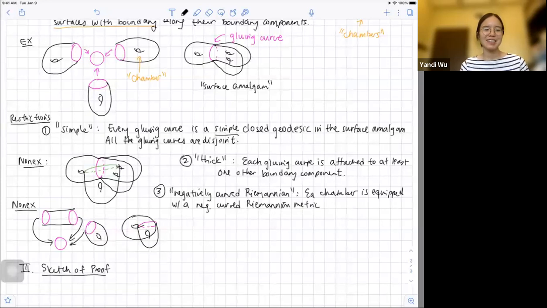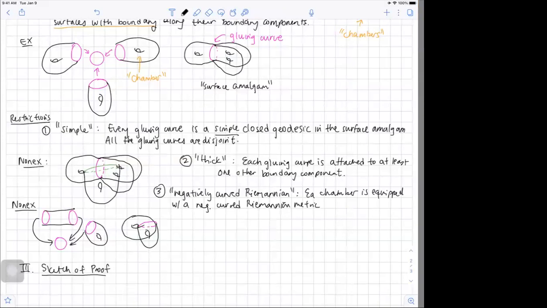I guess I always thought that you can only put flat metrics on a cylinder, for example, because of uniformization. I don't know, maybe you can put a negatively curved metric on a cylinder, but I'm not sure how. I don't know if anyone knows the answer to this.